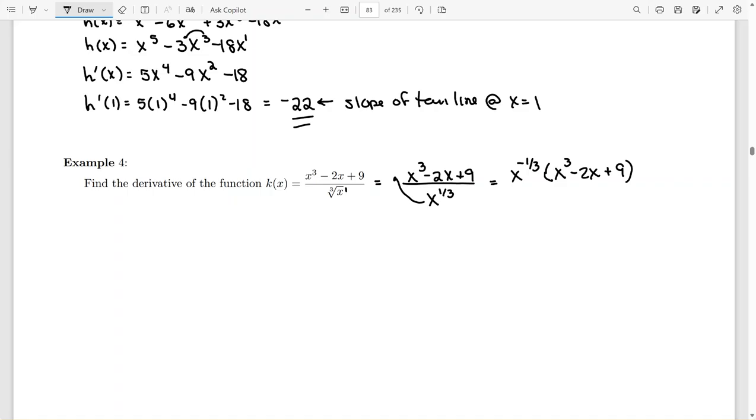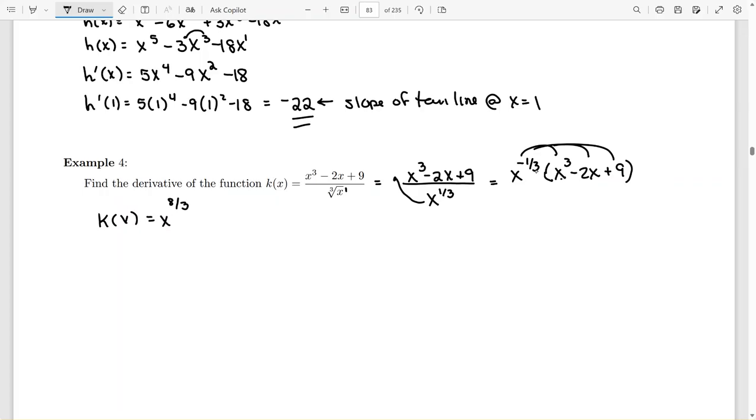Okay. So now distribute so that we just have some sort of function in standard form, getting rid of parentheses. And this is where, if you're not great with adding fractions and whole numbers, then get your calculator out. When you multiply like bases, you add the exponents. So my k of x is going to be x to the 8/3.